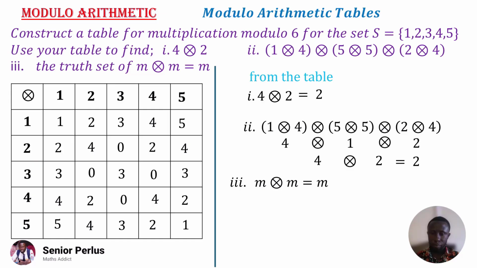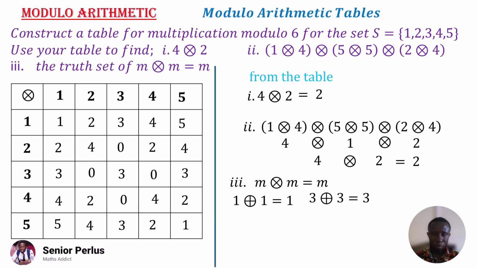Good. Now, M times M is M in mod 6 from the table. So a number times itself, you get the same number. 1 times 1 is 1. Good. Let's move on. 2 times 2 is 4, no, so it's not that one. 3 times 3 is 3.